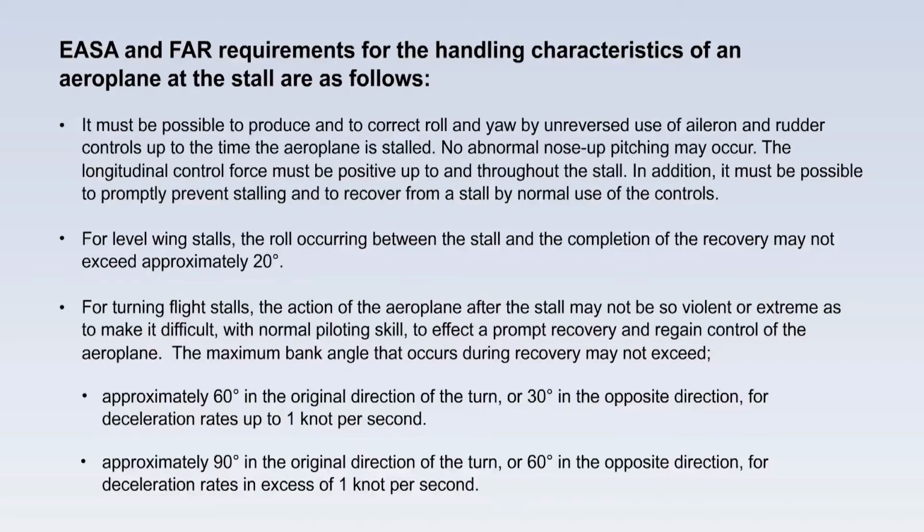The maximum bank angle that occurs during recovery may not exceed approximately 60 degrees in the original direction of the turn, or 30 degrees in the opposite direction, for deceleration rates up to 1 knot per second. If the deceleration is more than 1 knot per second, these bank angles are increased to 90 and 60 respectively.